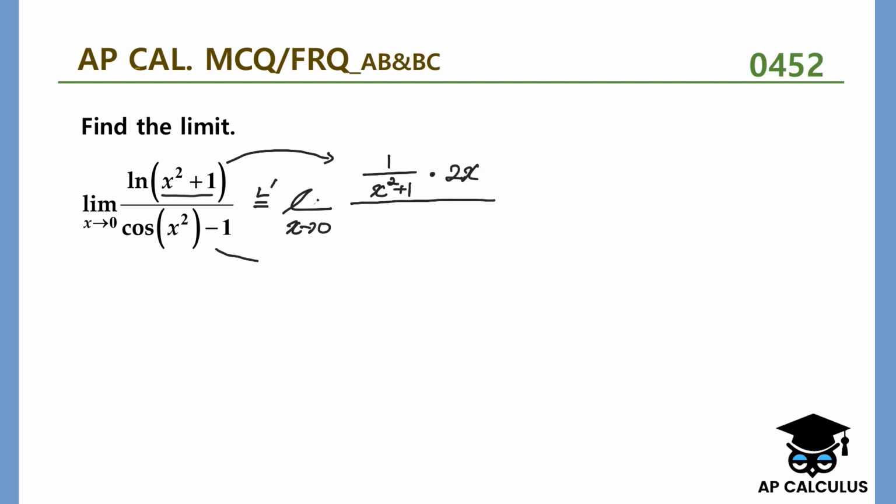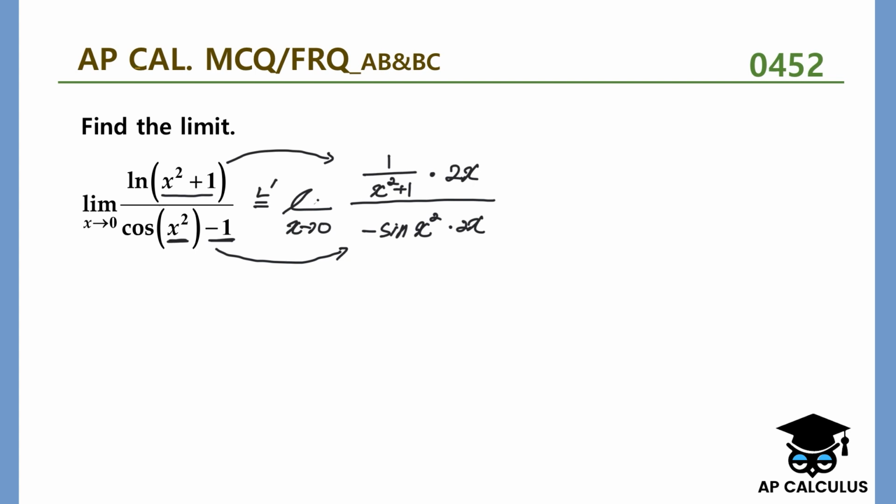And the derivative of the denominator: the derivative of cosine is negative sine of x squared times the chain rule, the derivative of x squared, that's 2x. Minus 1, the derivative of 1 is equal to 0.